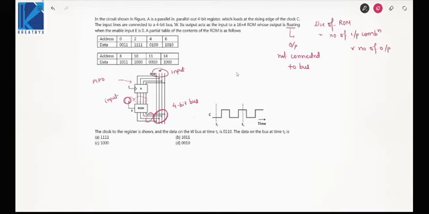Now it says that the clock to the register is as shown and the data on W bus at time T1 is 0, 1, 1, 0. So now this is our clock edge. The register is positive edge triggered, as you can see in the figure.